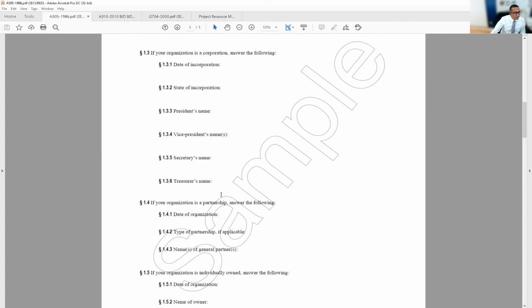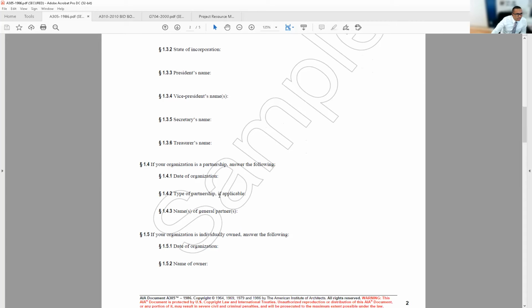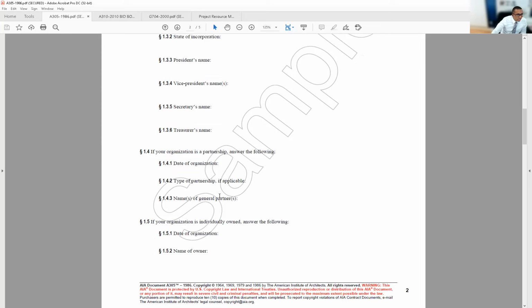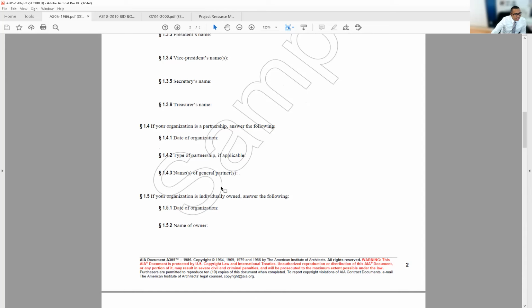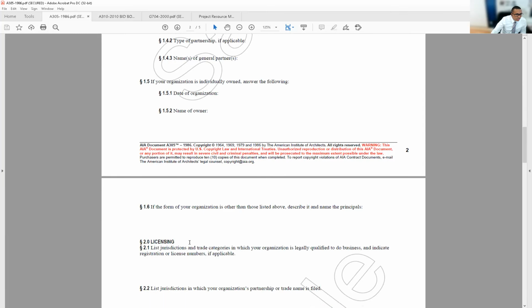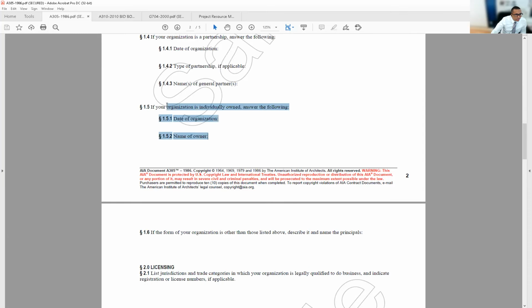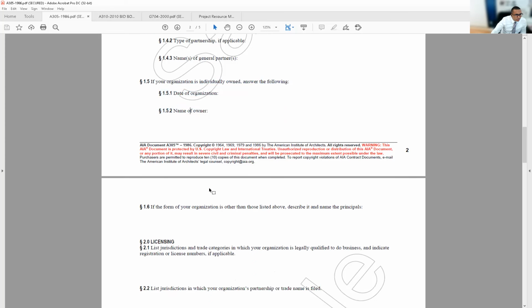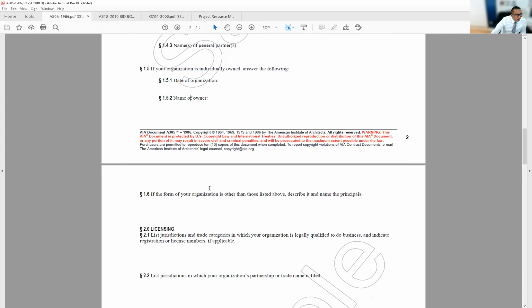If your organization is a partnership, you answer the following: date of organization, type of partnership, names of general partners. If your organization is individually owned, answer the following: date of organization, name of owner. So this will be a sole proprietorship, right? That's when it's individual. If the form of your organization is other than those listed above, describe it and name the principal.